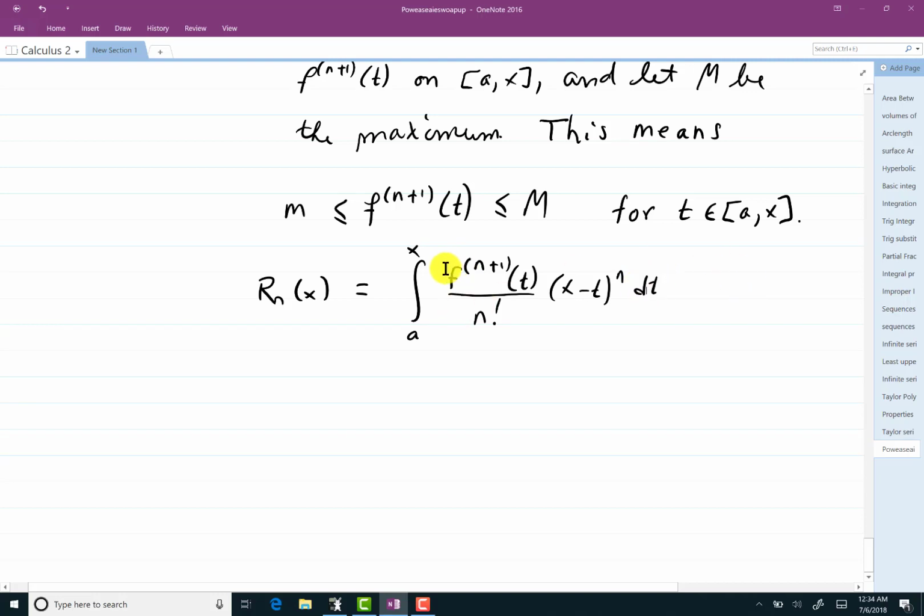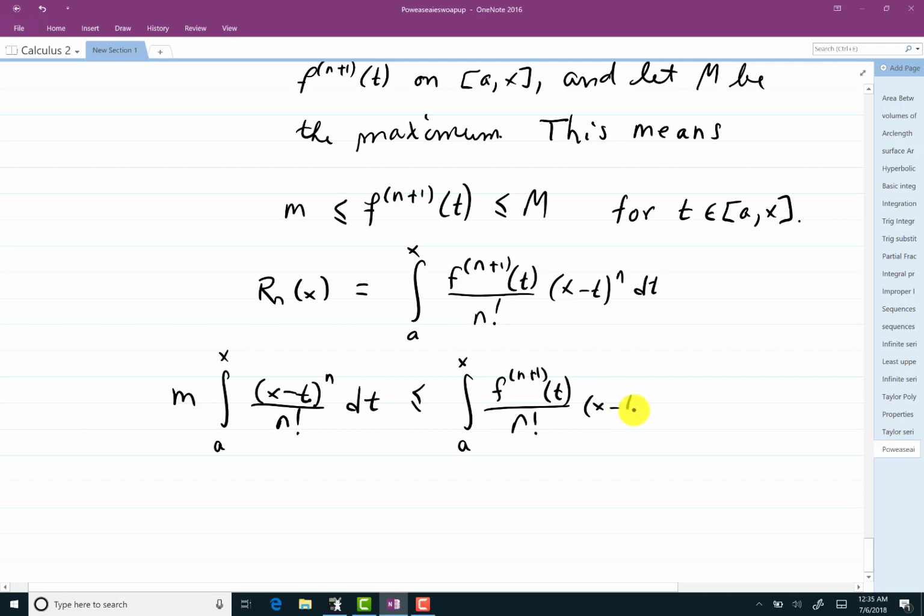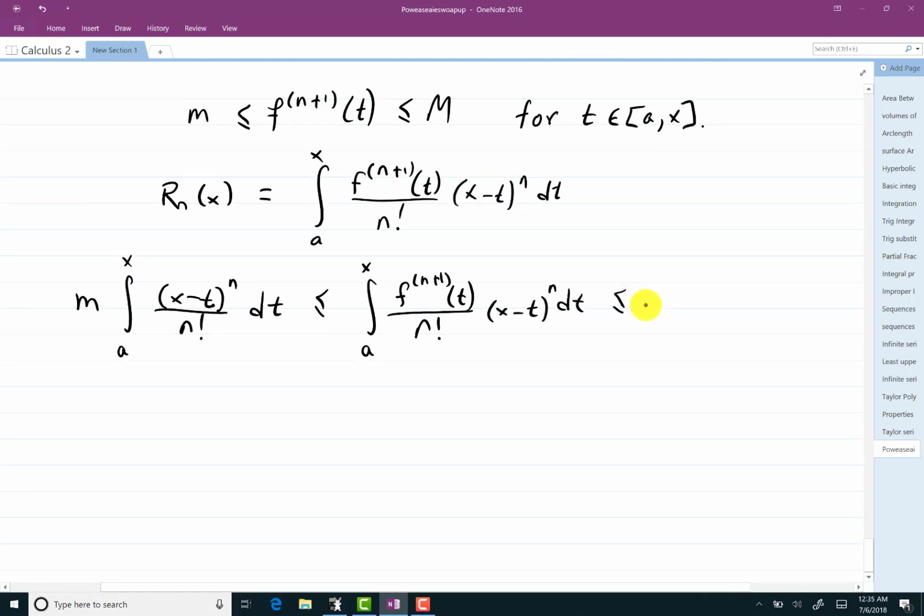Now, since this function is between little m and big M, we have m times the integral from a to x of (x minus t) to the n over n factorial dt is less than or equal to the integral from a to x of f to the n plus 1 of t all over n factorial times (x minus t) to the n dt, and that is less than or equal to capital M times the integral from a to x of (x minus t) to the n over n factorial dt.